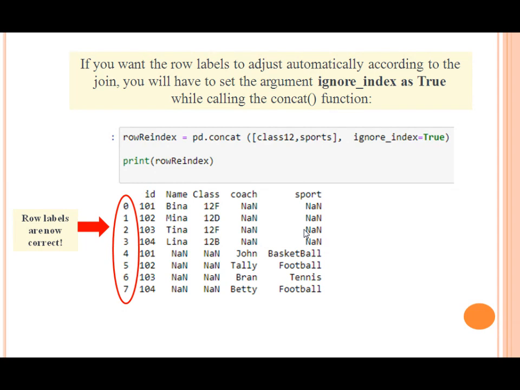The appropriate values of coach and sport are displayed on the screen. So whatever values they get, they will concat it, otherwise they will put NaN in it. Clear? So this is a very simple function of concatenation. Concat means joining two or more data frames together.